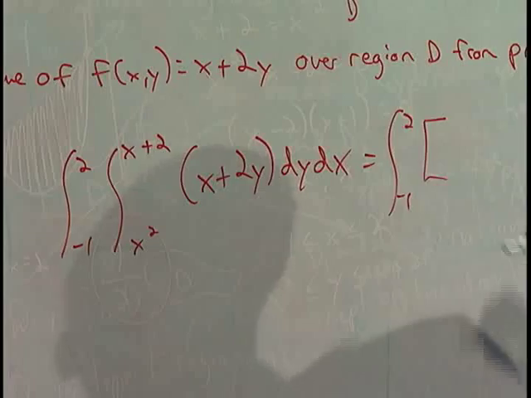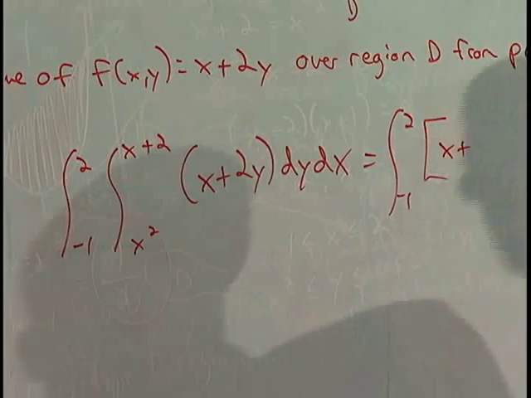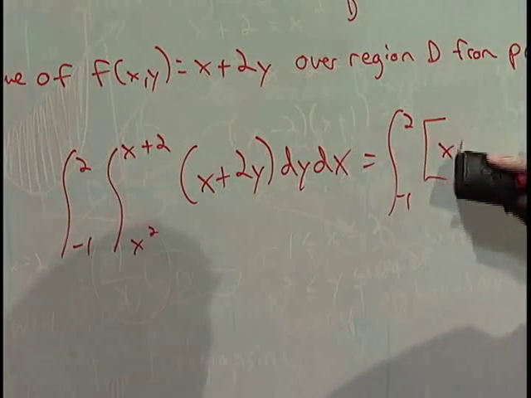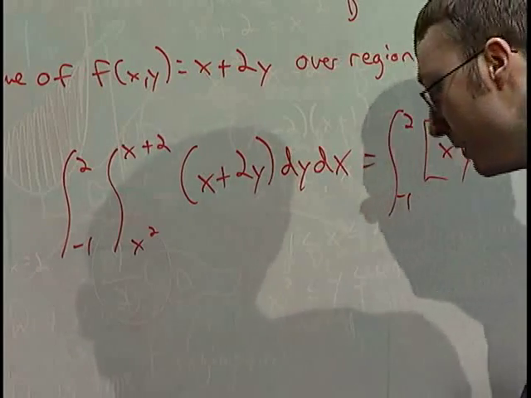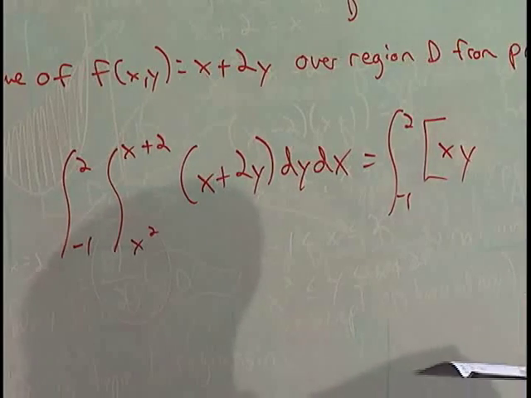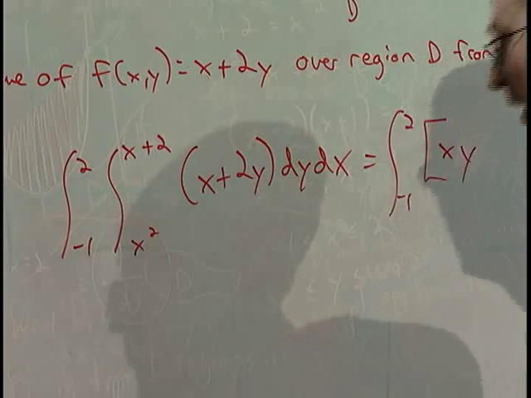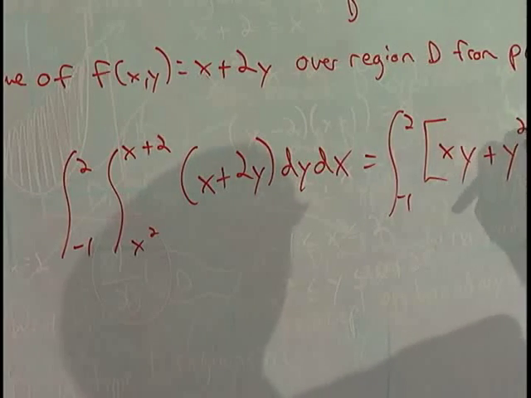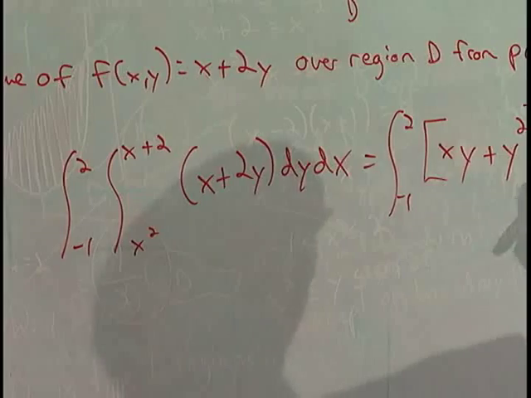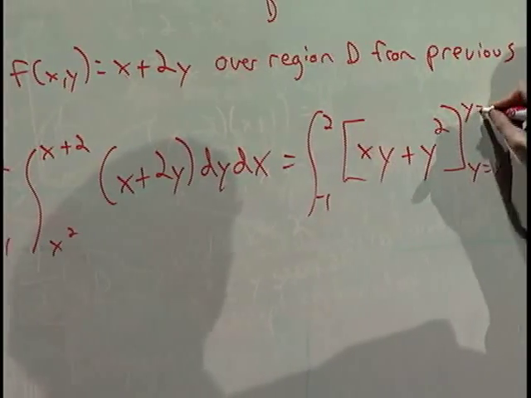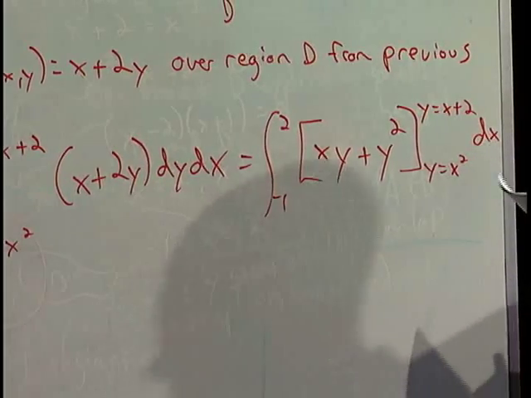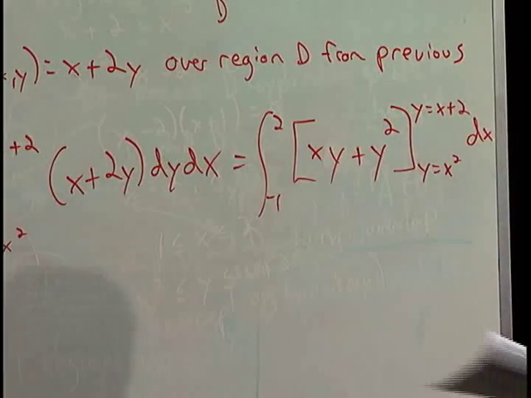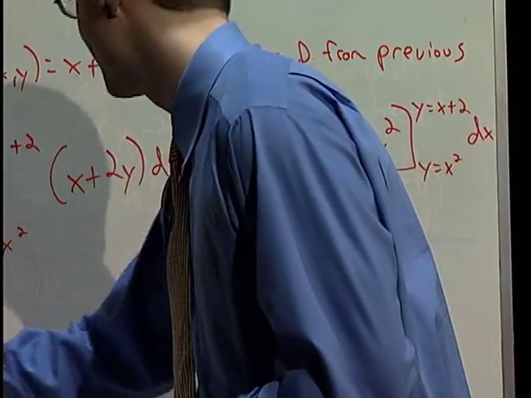With respect to y first, gives you an xy, and let's see here, that's plus a y squared, from y equals x squared to y equals x plus 2. And we still have that old dx hanging around out back, right? Okay, so let's see here. You integrate that, what do you get?